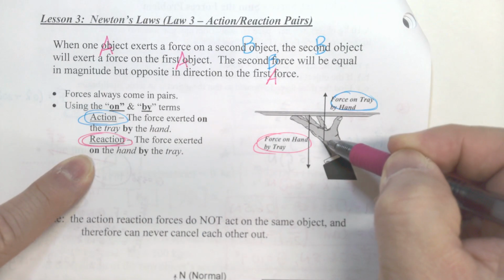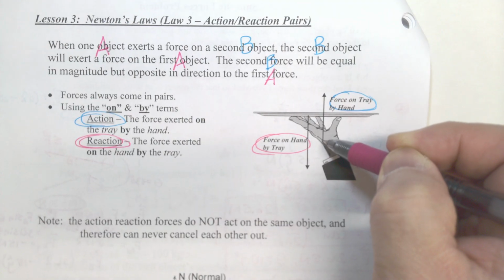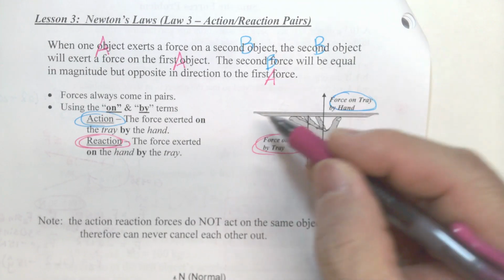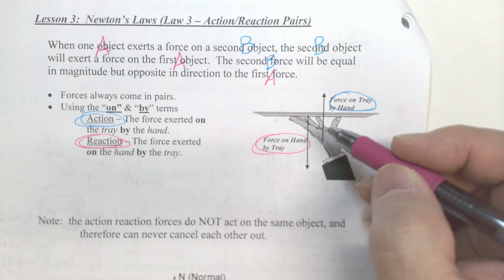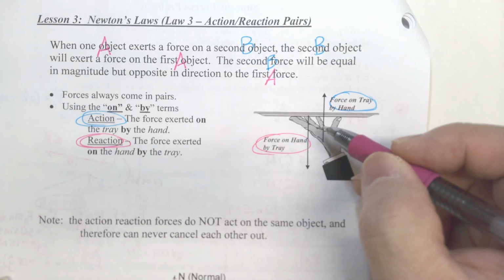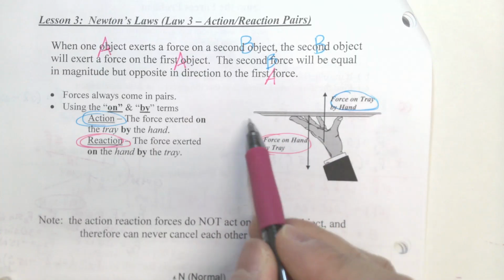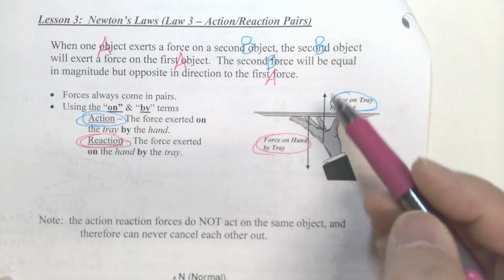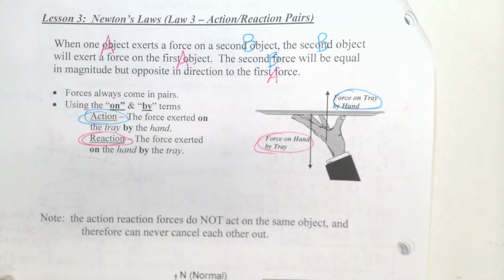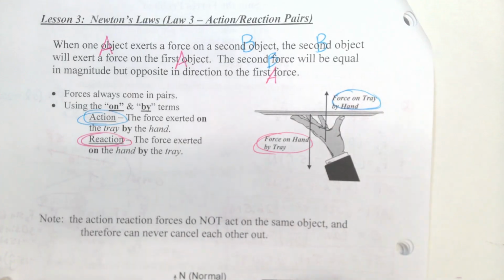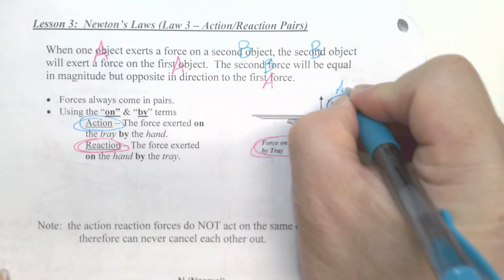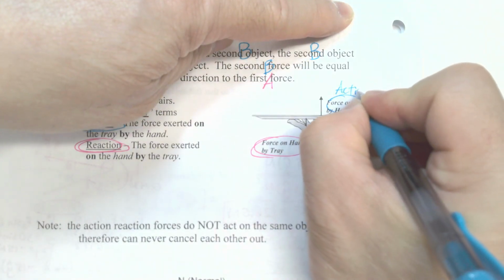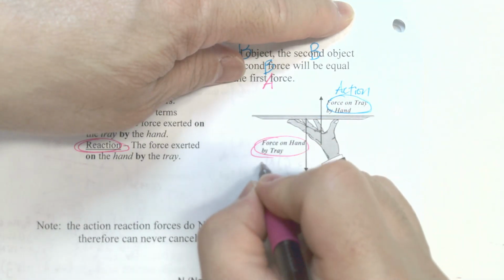So here, the hand is supporting this tray, so force on tray by hand, and then the reaction is the tray pushing down on the hand, which is the force exerted on the hand by the tray. This is action, reaction. So you could say this is action, and this is the reaction.